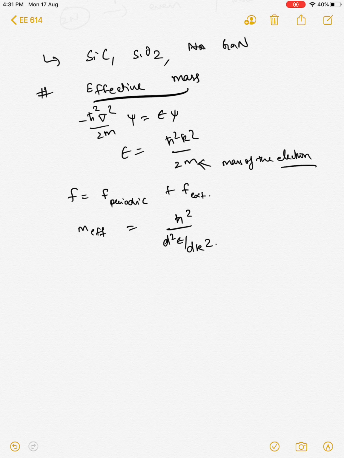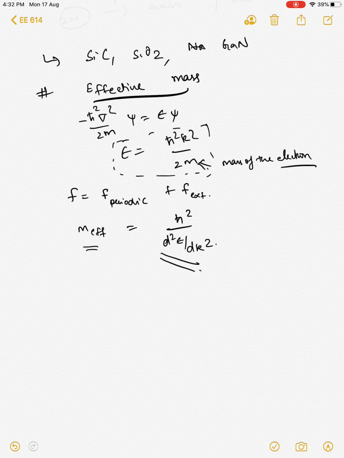So you can easily see that if I take this particular equation, and differentiate it twice, I can see that this is easily defined in the same way. So all I need is the relationship between E and K, and I have a definition of a mass.